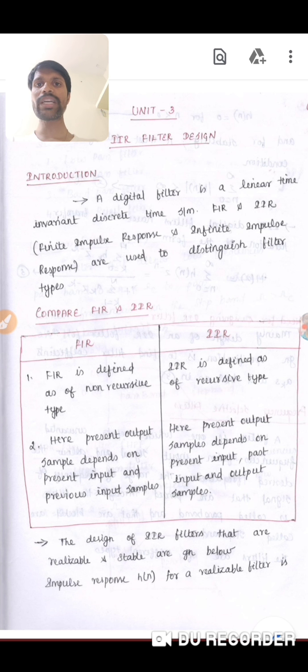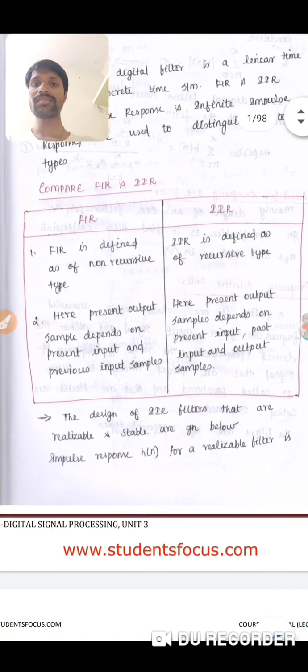The response you get from that system is called impulse response. When the response you get from that system is finite, then that filter is said to be a finite impulse response filter. And if the response you get is infinite, then the filter is said to be an infinite impulse response filter. So let us see some differences and compare the FIR and IIR filters.